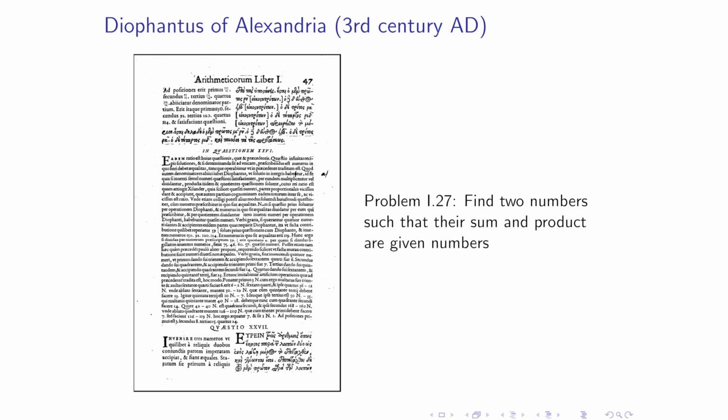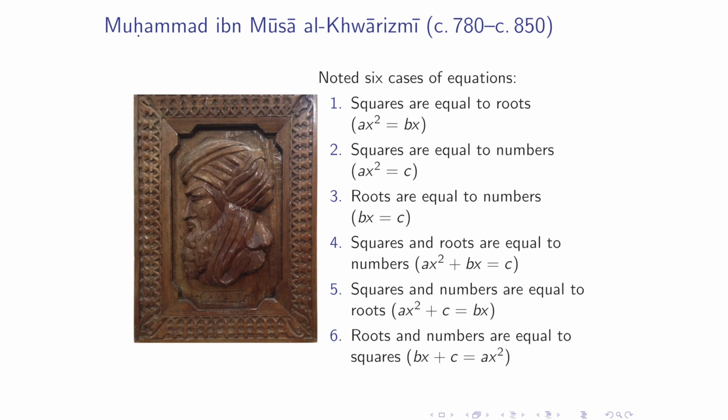Okay, skipping still further ahead to another familiar name. So we have Al-Khwarizmi, who hailed from a region now in modern day Uzbekistan. But of course, he's part of this sort of house of wisdom that we talked about before.